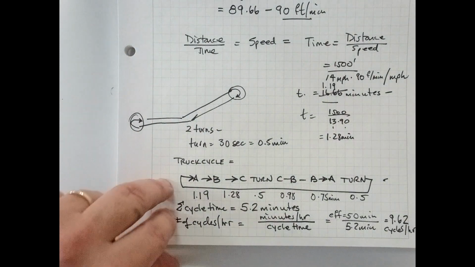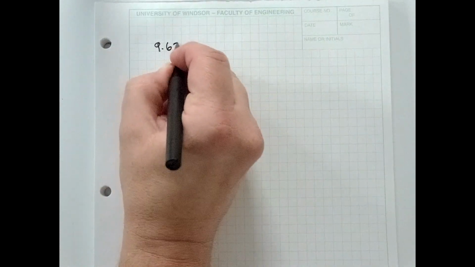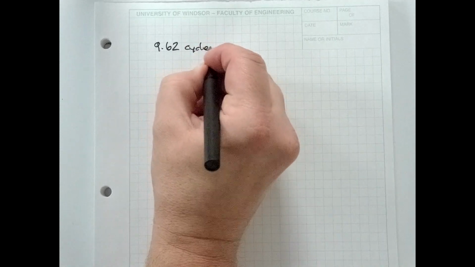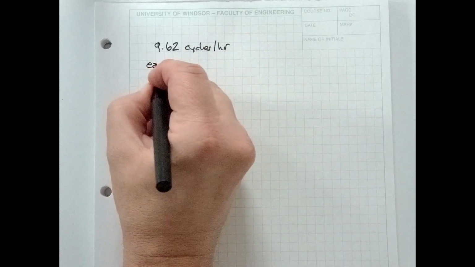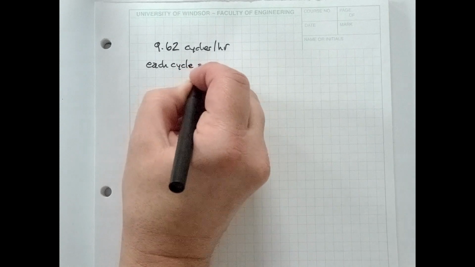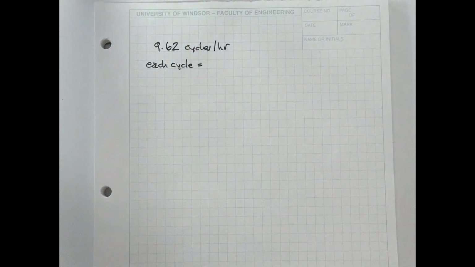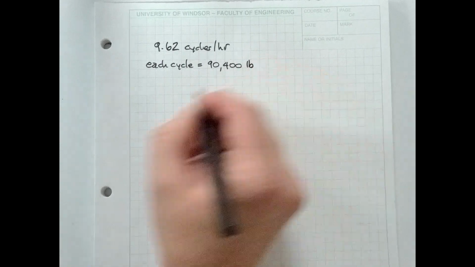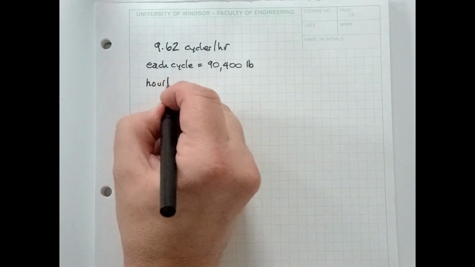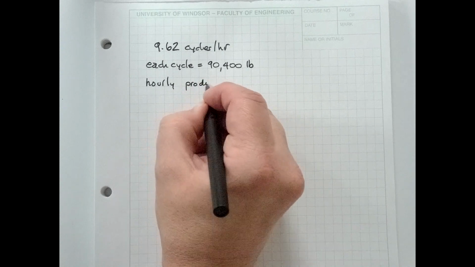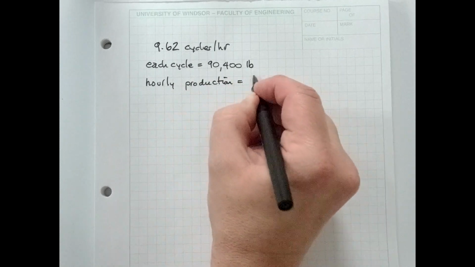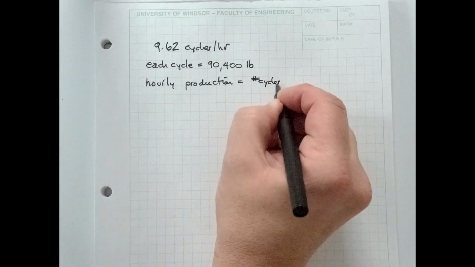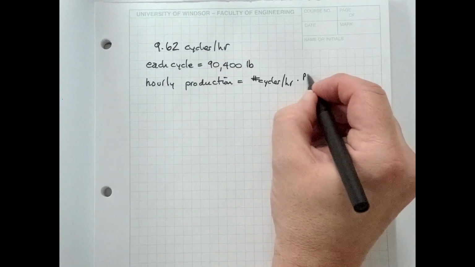And I can go one step further than that. I can say if I have 9.62 cycles per hour, and each cycle was moving 90,400 pounds, then my hourly production is equal to the number of cycles per hour multiplied by the production per cycle.